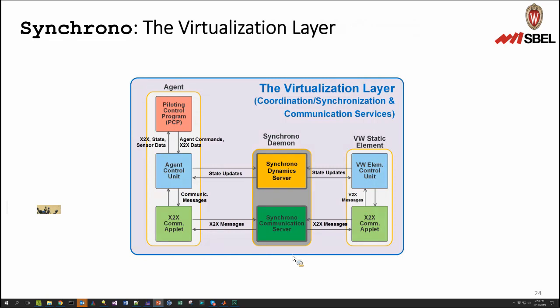For each vehicle, which we can call an agent, we have a software counterpart which talks to what we call the Synchrono Daemon. This Synchrono Daemon is responsible for maintaining time and space coherence between all the agents participating in a simulation.